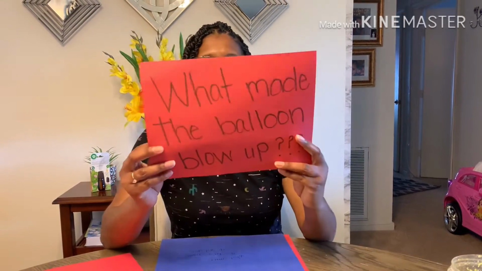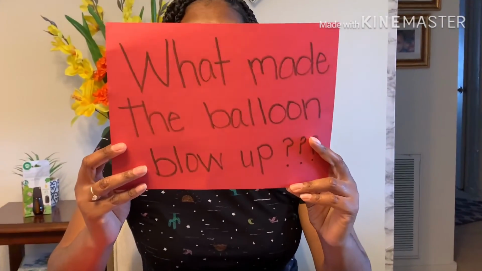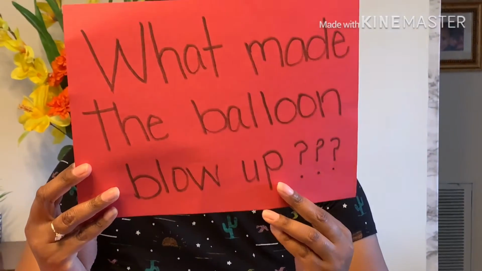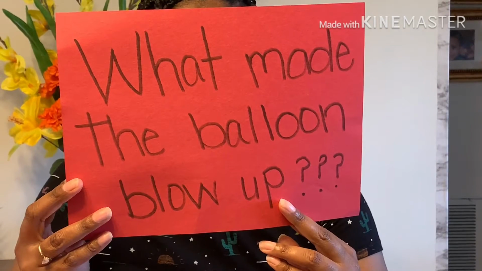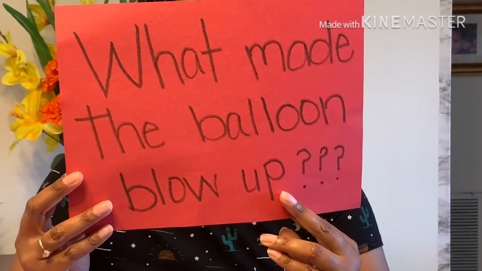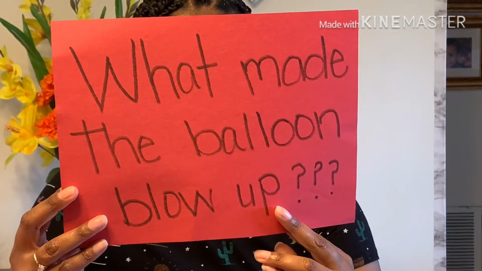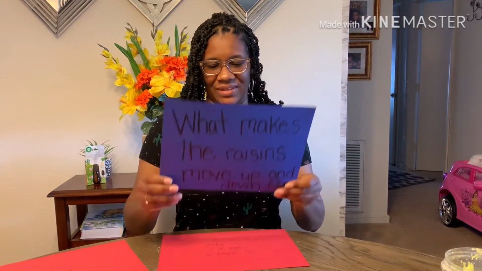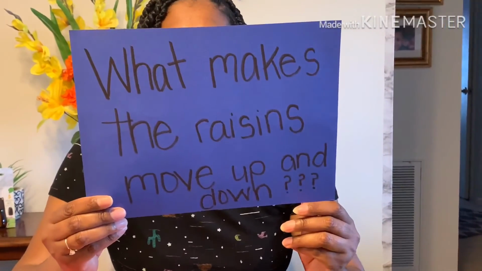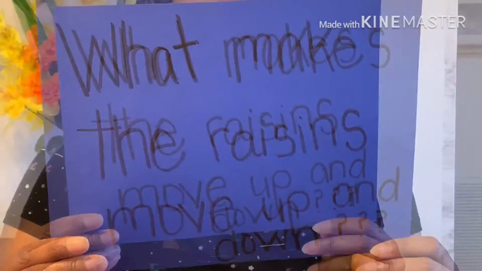Next question. What made the balloon blow up? Good job. The balloon blew up because the soda was full of gases, and the gases inserted itself into the balloon, and the balloon blew up. Next question. What makes the raisins move up and down?